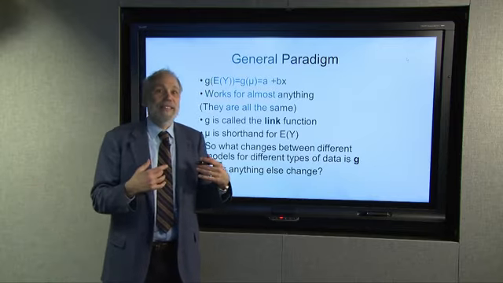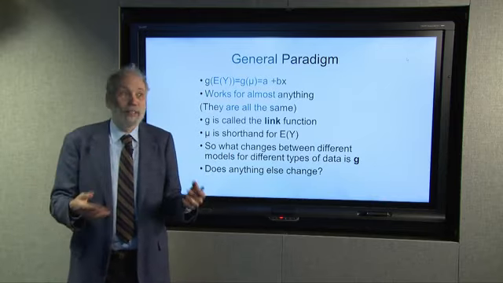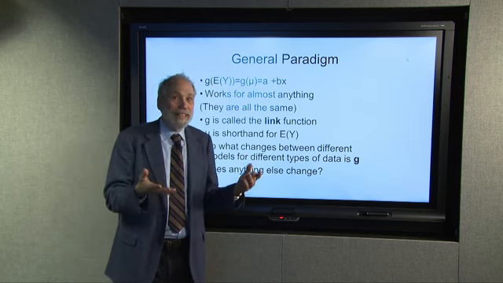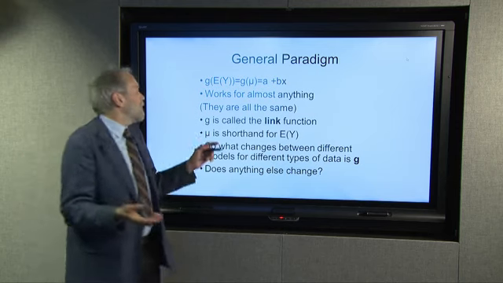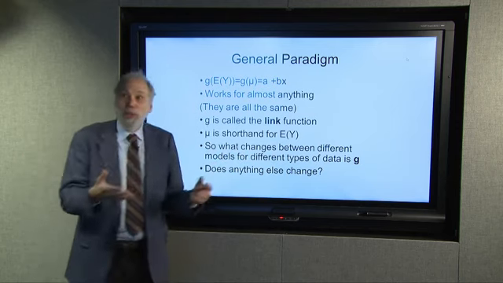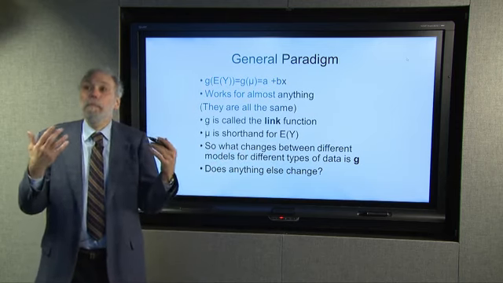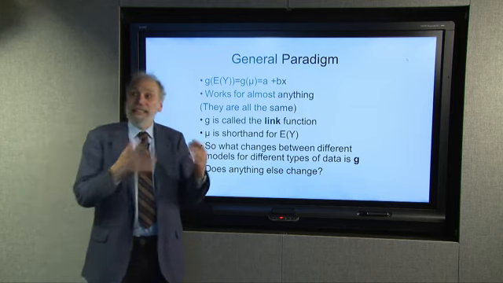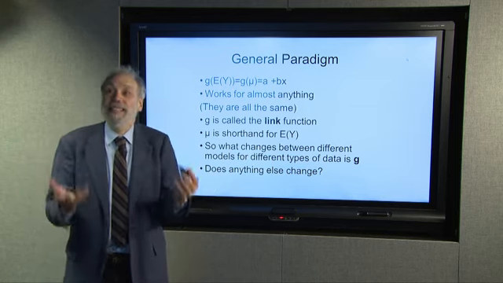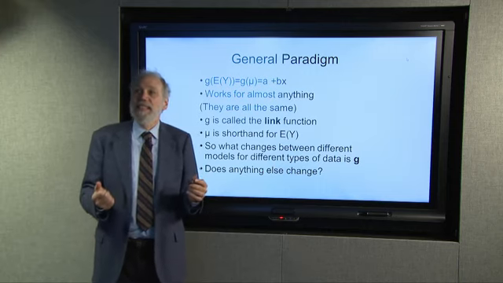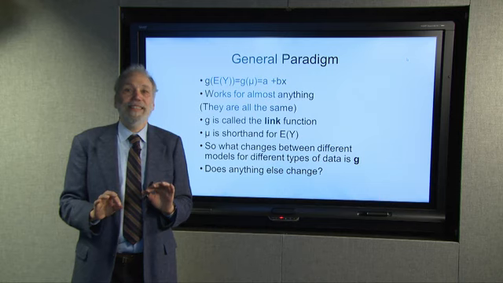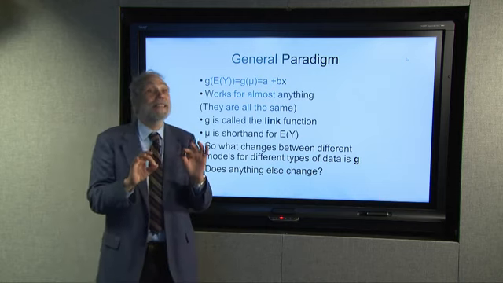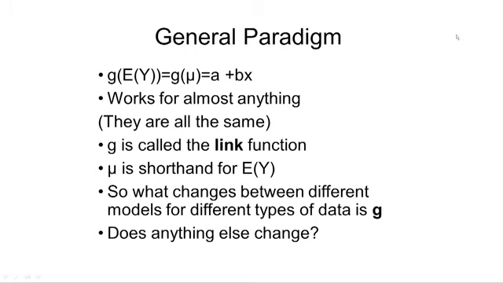And because I would lose my voice if I kept saying the expected value of y all the time, we say mu, because mu sort of sounds like mean, okay? It's just a shorthand. It's the expected value, okay? So what changes between different kinds of regressions, they're almost identical except for G. But does anything else change?